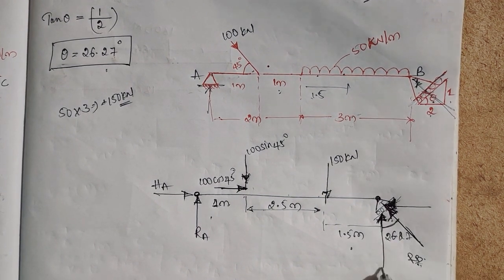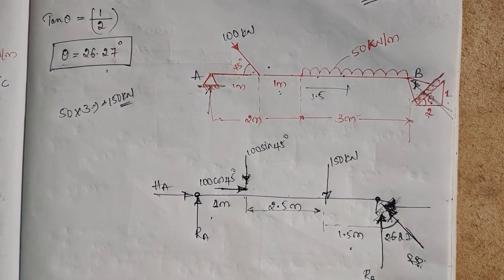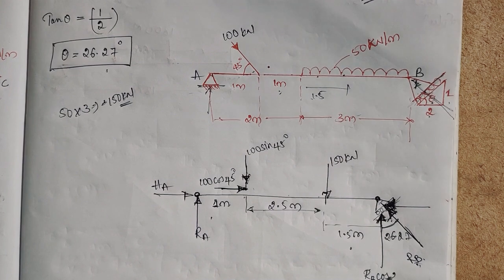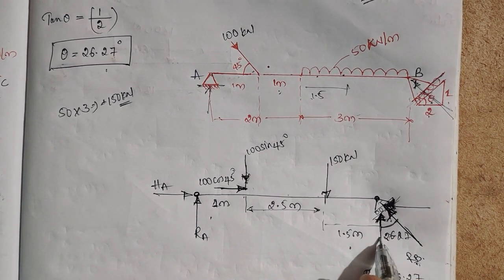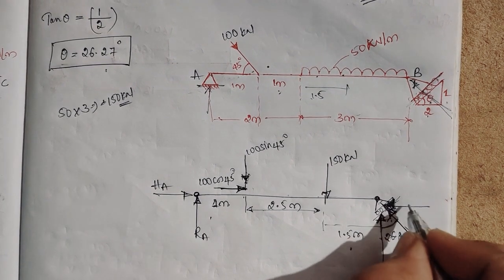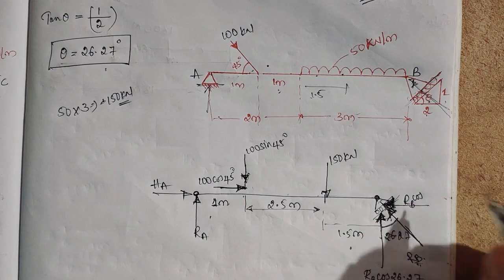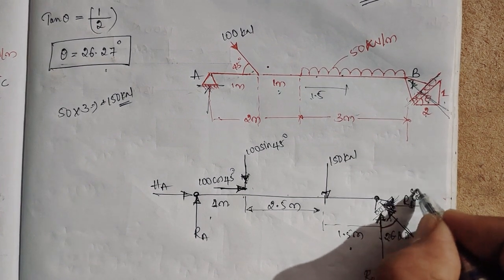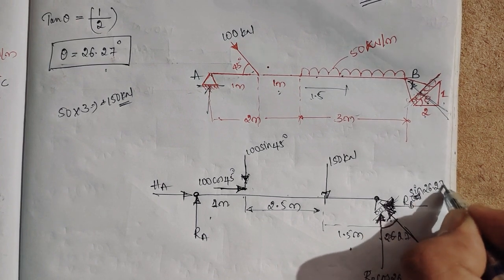26.27. So I'll write this vertical component as RB cos 26.27, because the angle is adjoining this vertical direction. This is RB sine, sorry, RB sine 26.27.